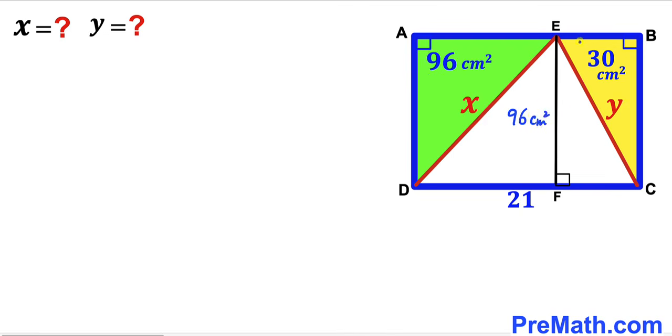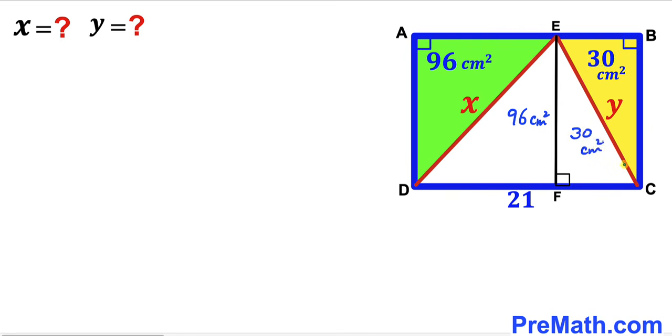Likewise, in rectangle EBCF, the diagonal CE divides the area into two equal parts. If the area of the yellow triangle is 30 cm², then the area of this triangle is 30 cm² as well.